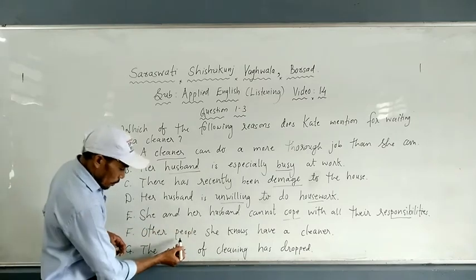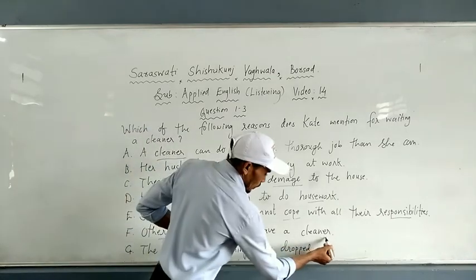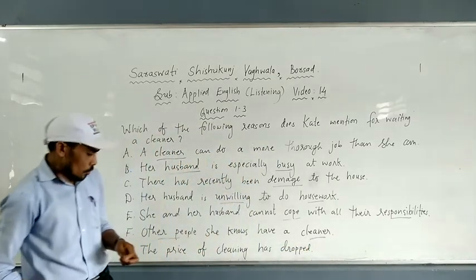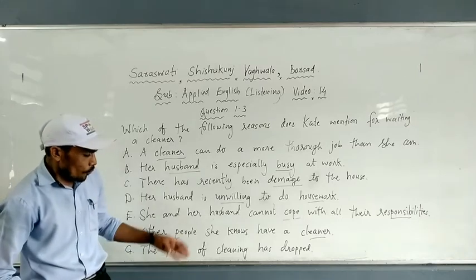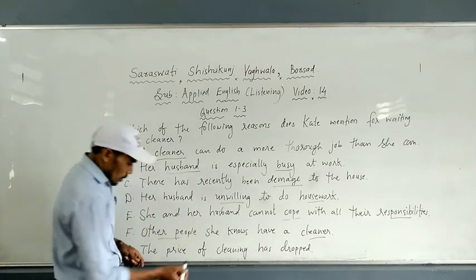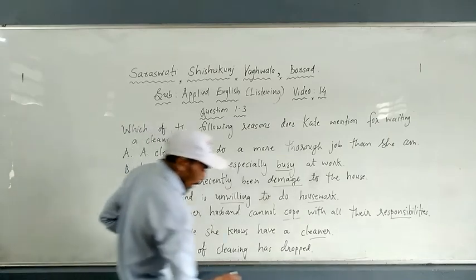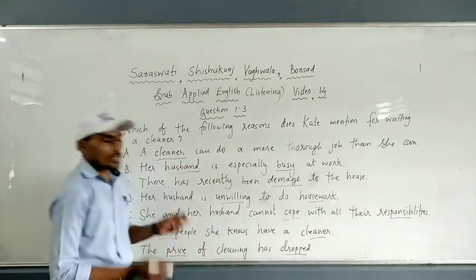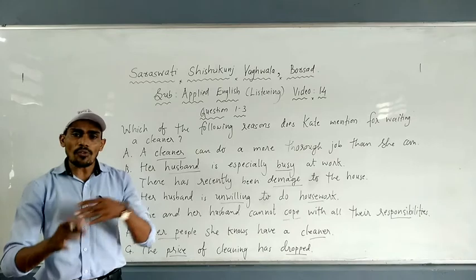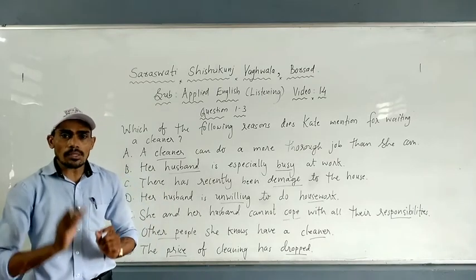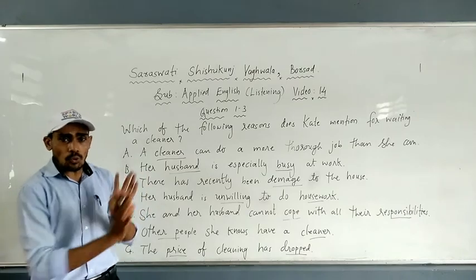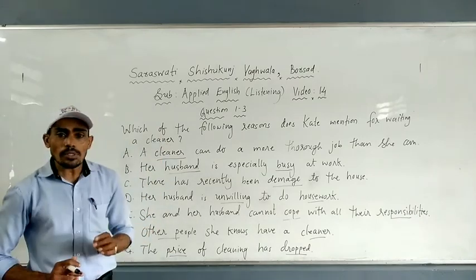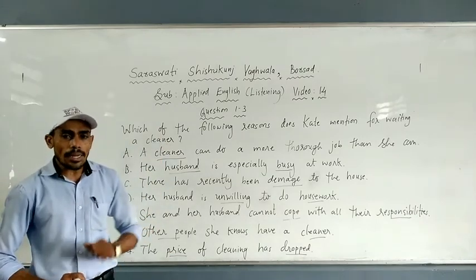So other people, and again cleaner. Students, the last option that we have, the price of cleaning has dropped. So here price and drop. These are the keywords, but you need to do it in a very quick manner. Why? Because very little time is given, and within that time you need to read all the options and underline the keywords.